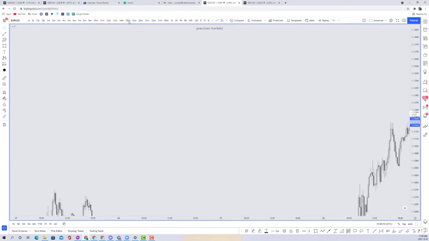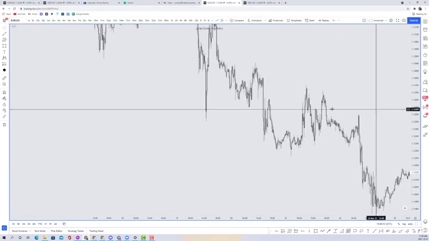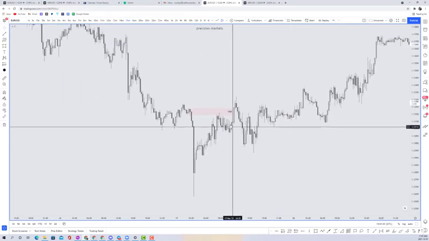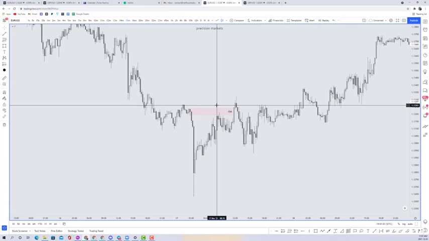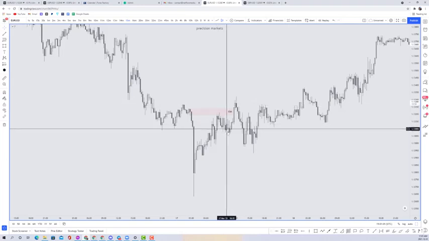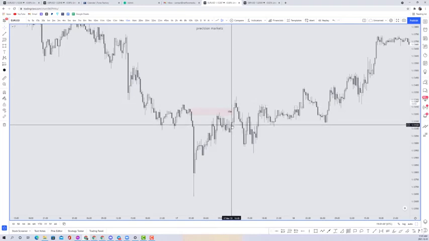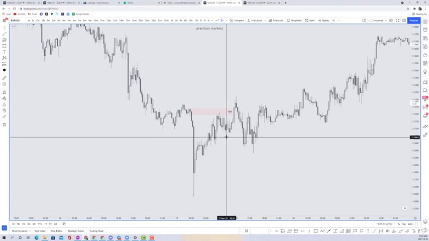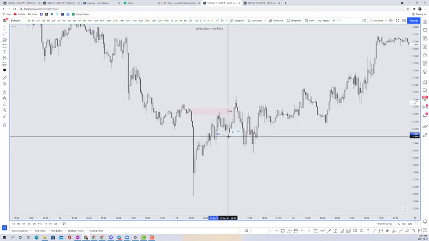Let's actually go to 15. So on the intraday side of things, right away, the first thing you want to say is this is the zone that caused it to fail, which is 100% true. You're not wrong. You have to start looking at where are the flat spots in the market? Where is the money lying?